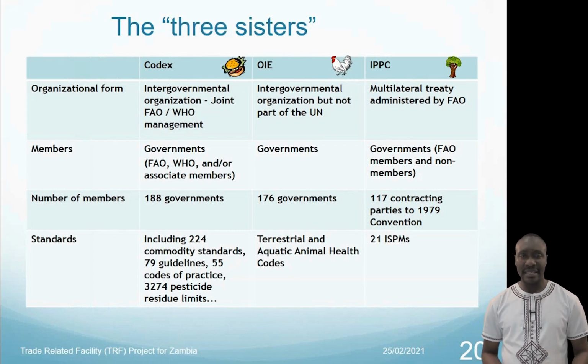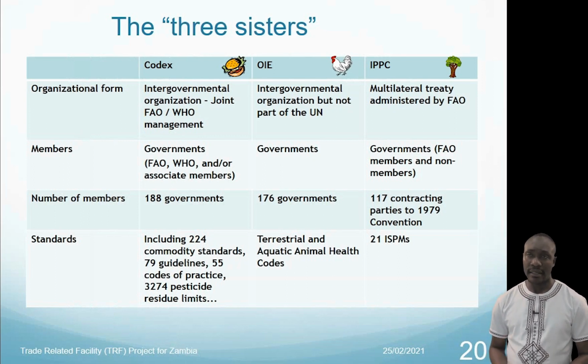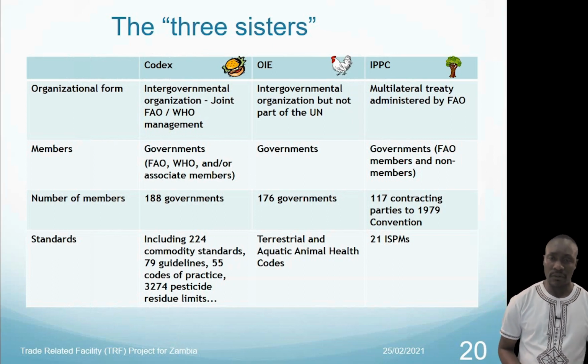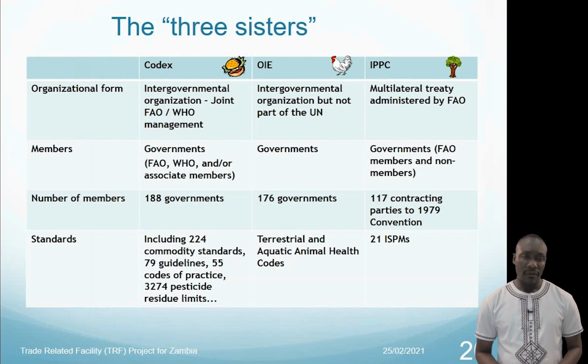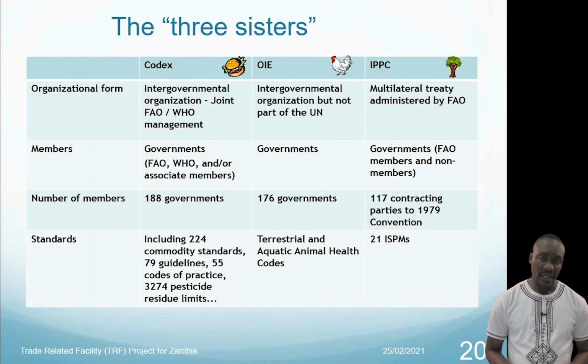The members are governments under the Codex and governments also under the OIE. But for the IPPC, you can have both governments and non-members of the FAO. The number of members, currently, we have 188 governments for the Codex, over 176 for the OIE, and 117 contracting parties for the IPPC.